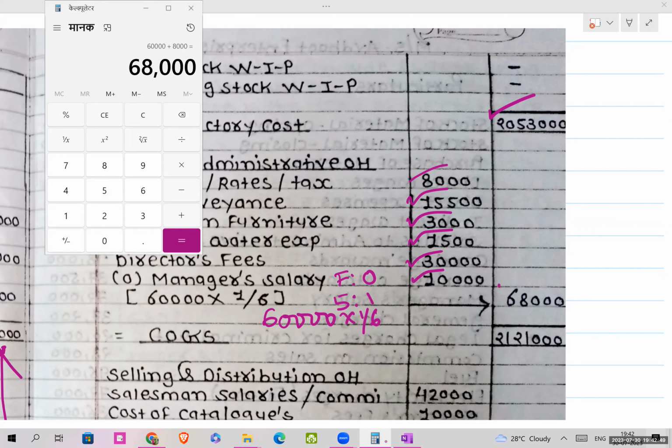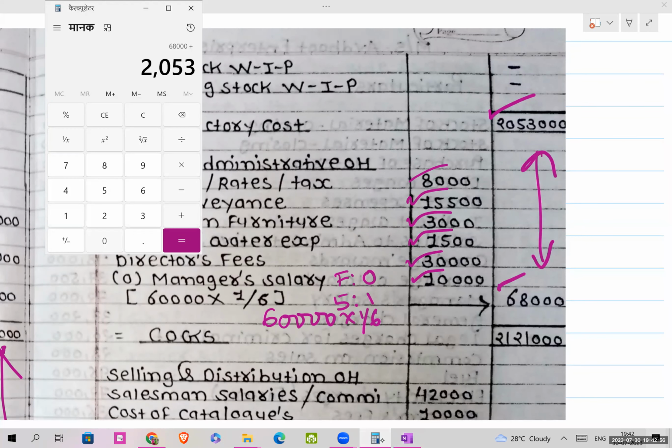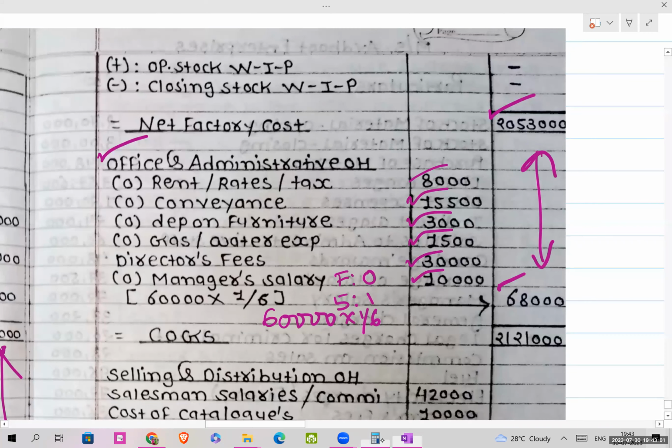So that makes it to 68,000, and added to the previous total, that is net factory cost, plus 20,53,000, 21,21,000. That's my COGS.